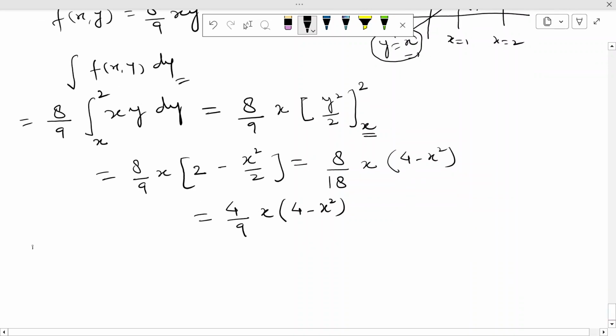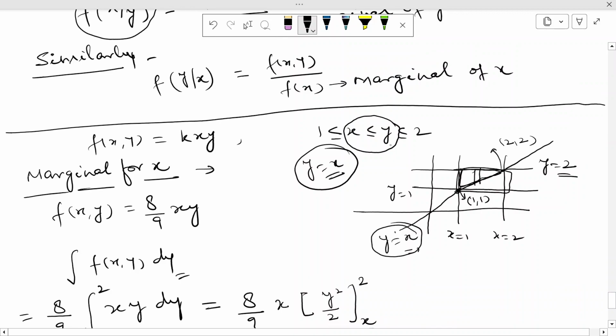Similarly, we can obtain the marginal for y. So in order to obtain the marginal for y, we have to integrate our function, which is 8/9xy, with respect to x. Now when you are performing this integral, you have to consider the horizontal strip here.